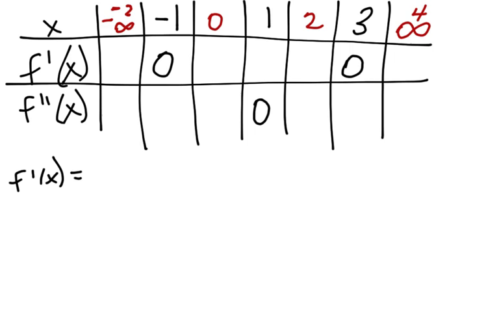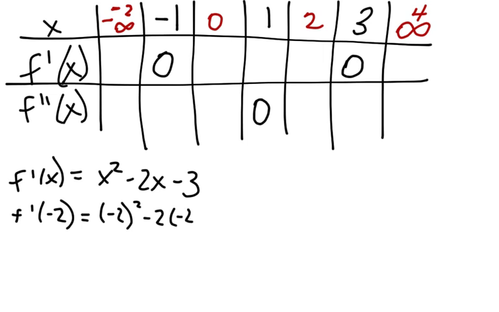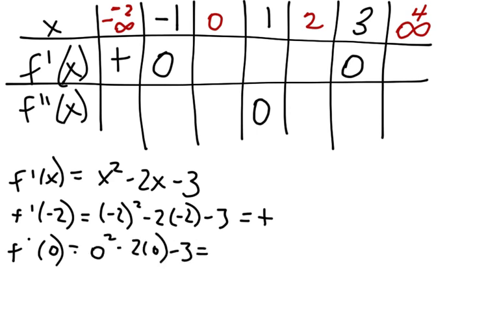where was that function? x squared minus 2x minus 3. So I'm going to plug in a -2 for that. f prime of -2 is going to give me a positive. So I fill that in. Now I want f prime of 0, which is a negative.